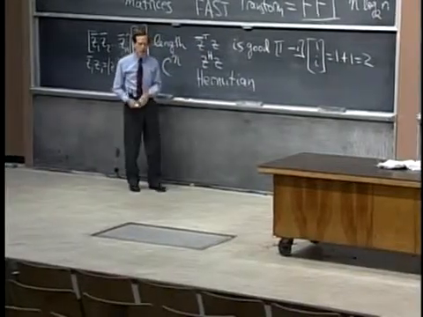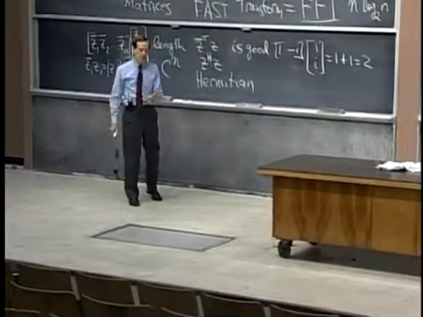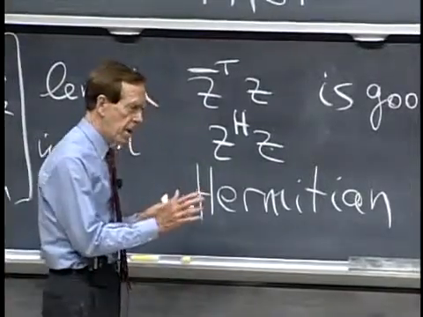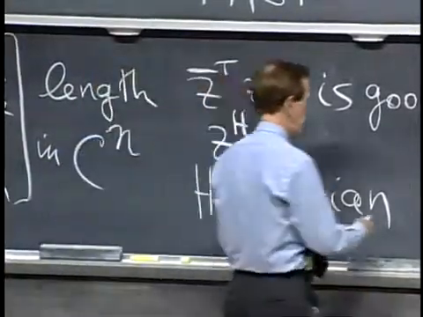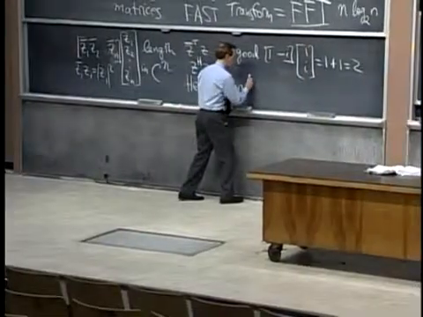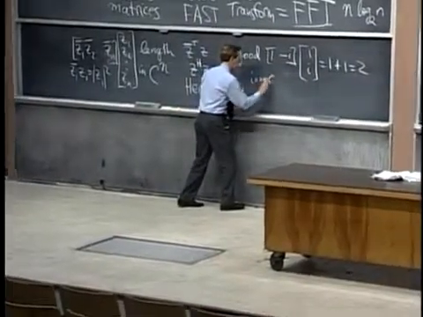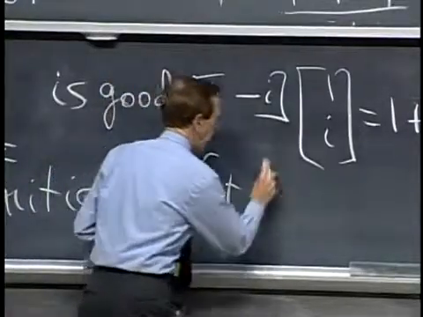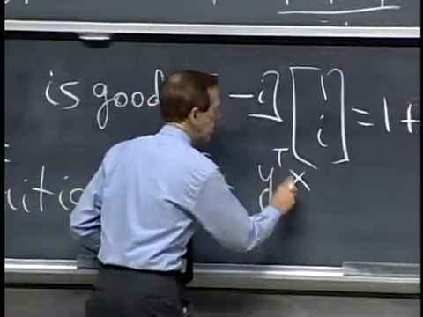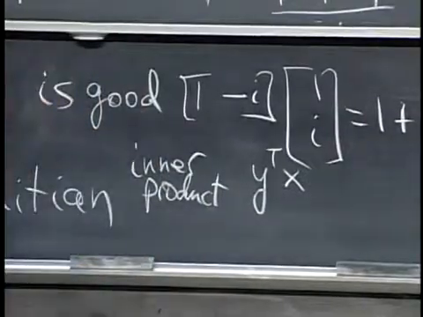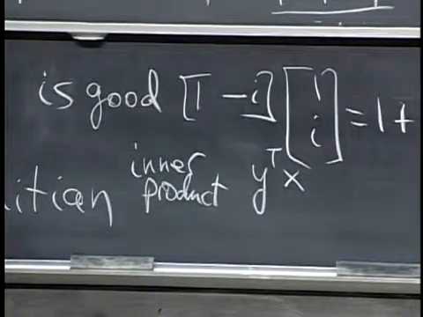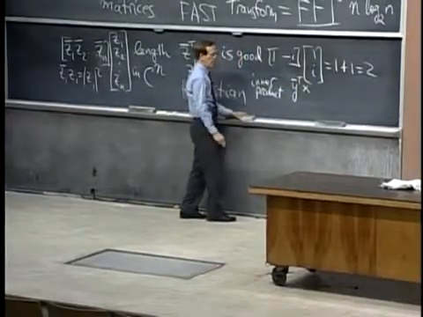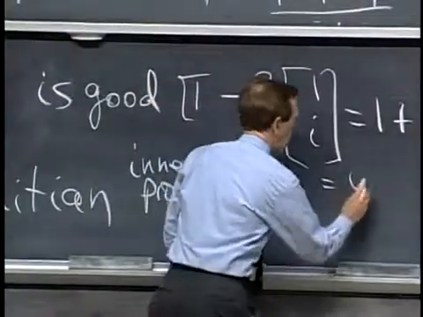So that's the length squared. Now, what's the inner product? Well, it should match. The inner product of two vectors is no longer y transpose x, that's for real vectors. For complex vectors, whenever we transpose, we also take the conjugate. So it's y Hermitian x.